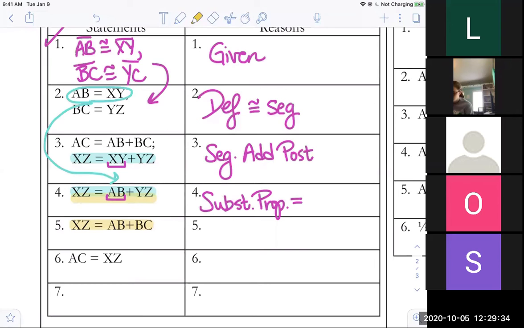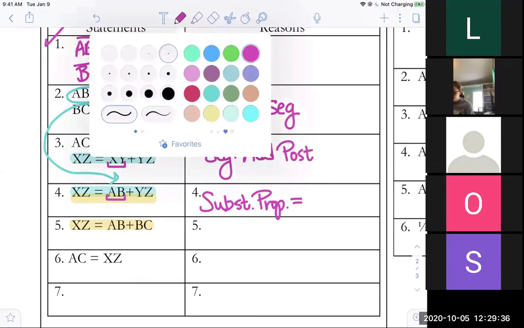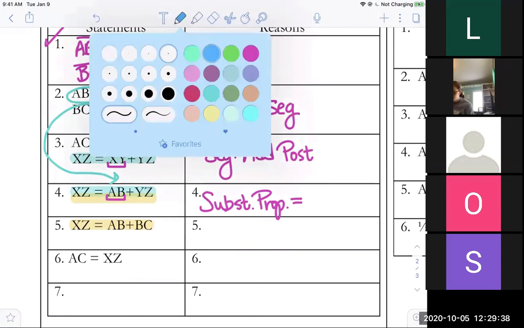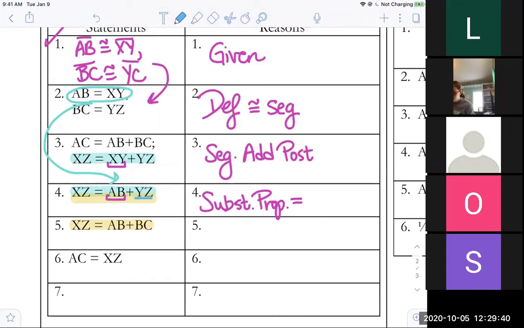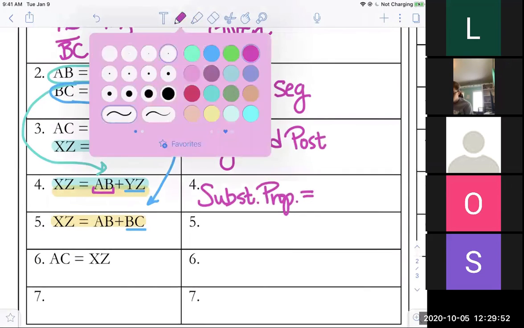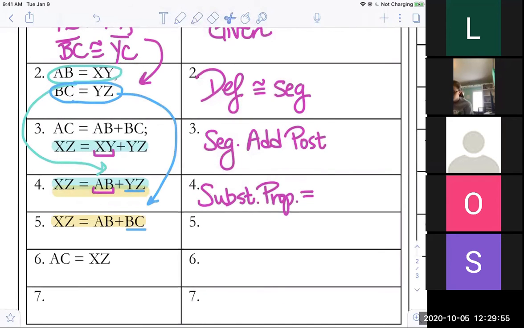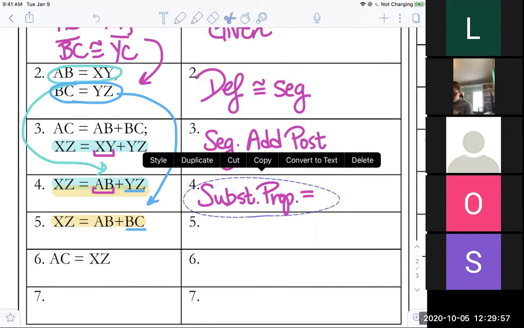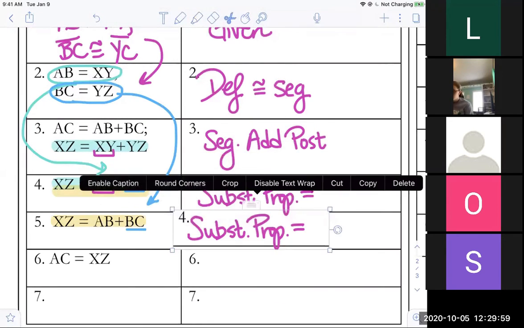So we can just say, all right, let's take YZ out and put BC in its place. And we know that's allowed because they're equal up in step 2. Lily, is that substitution, transitive, or both? Just substitution, because again, you're only replacing one term.